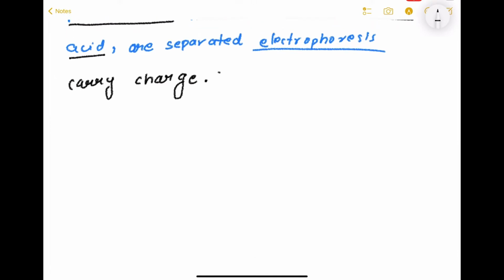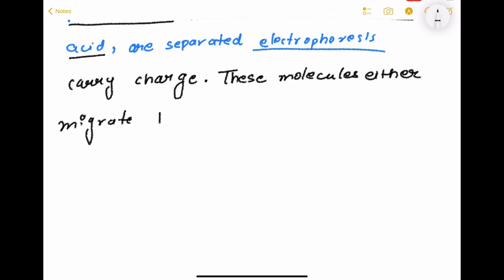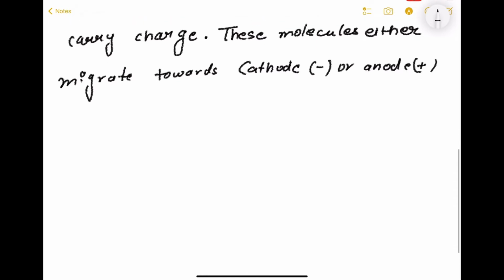These molecules either migrate towards the cathode or the anode. The cathode carries the negative charge, and the anode carries the positive charge.